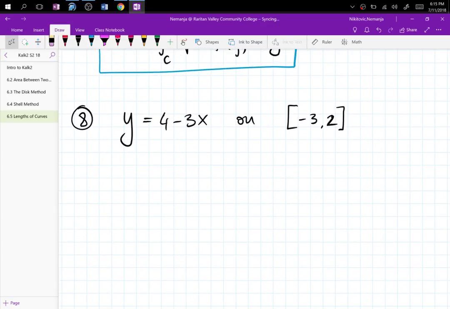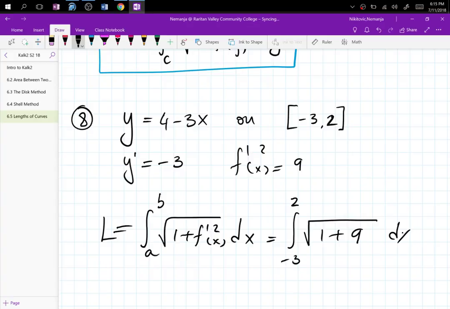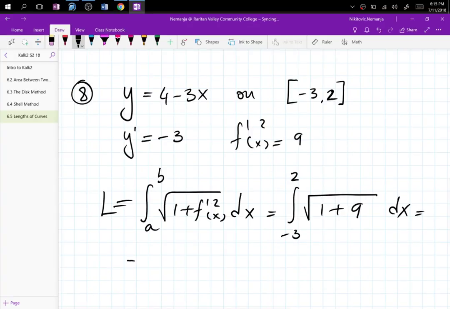So let's do it. I need the derivative, and that's y prime is equal to -3. Great. And I actually need f prime squared of x. So that's +9. So my length of the curve is the integral a to b. Nice. That's the integral of square root of 10 dx.